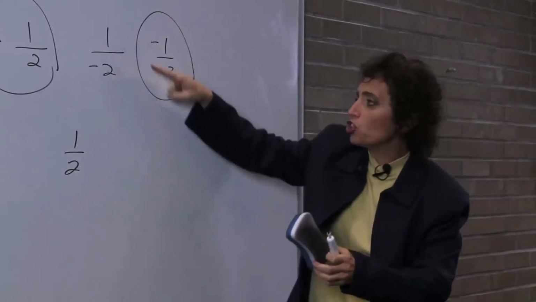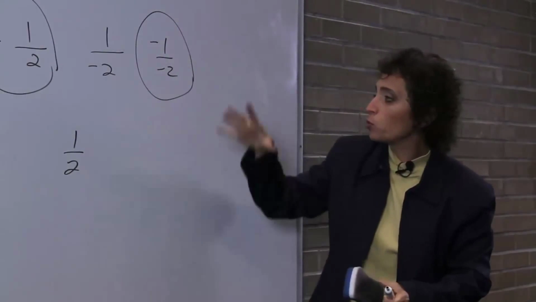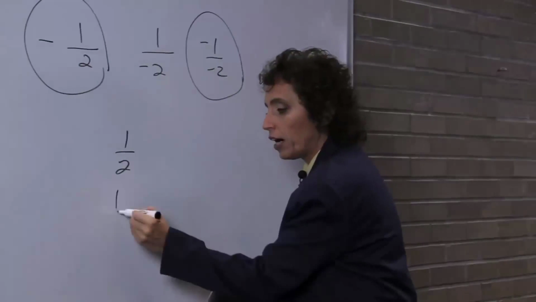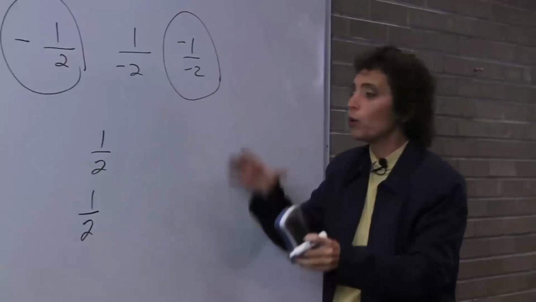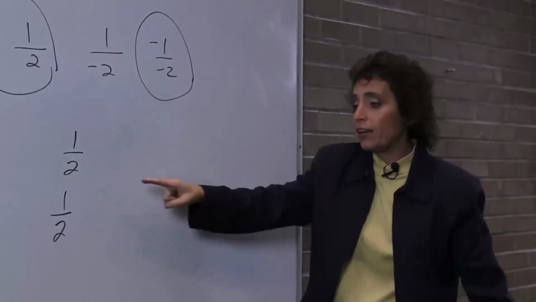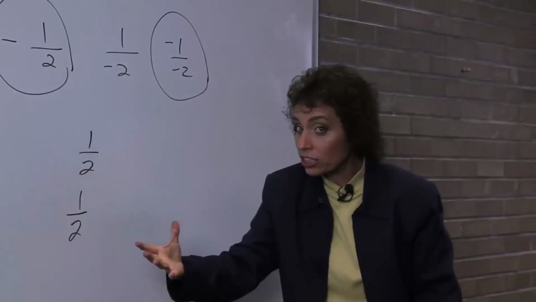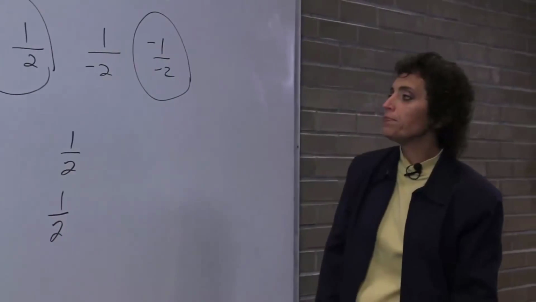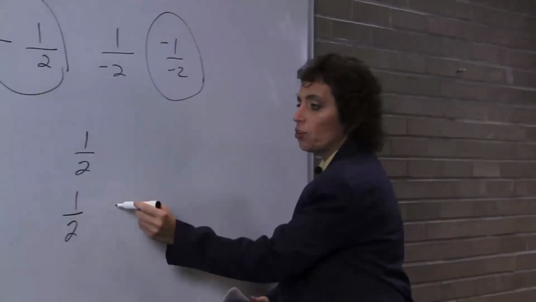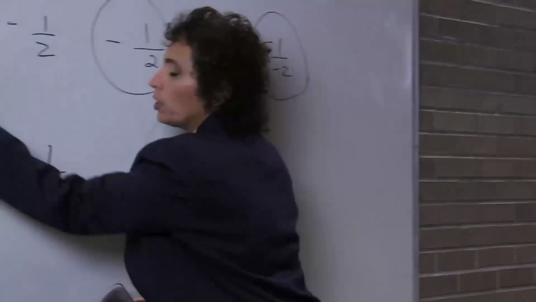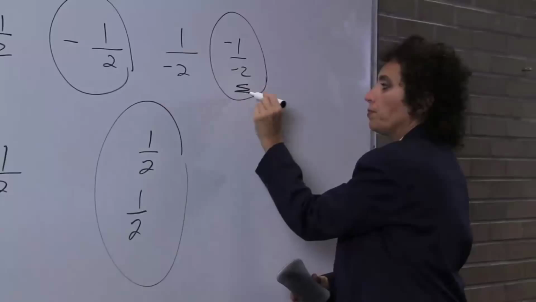So I should never see a fraction that looks like this, because when I simplify it, that's going to be a positive. I don't have to actually divide. And if I did divide this, remember it's a number smaller than 1, so I'm going to get a decimal number out of it. Okay? So these are both positive. That one is positive, this one is positive, and this one is positive.